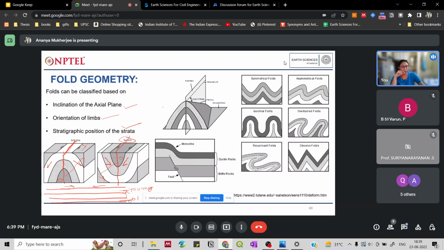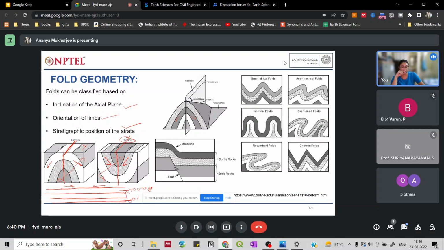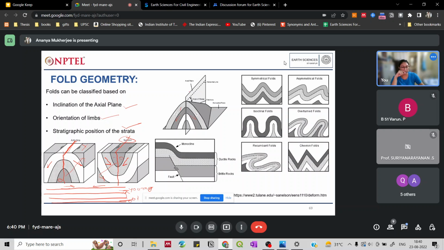Now over here we have something that is called a plunging anticline. Anticline, because we can see the limbs are away from each other. We can also see that the older one is at the bottom and the younger one is on top. Now we can see that the axial plane is still vertical, so it is not an inclined fold.